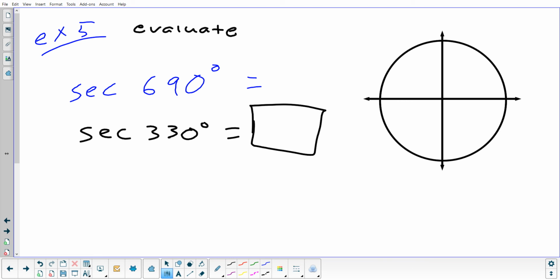So 330. How about Noah? What quadrant is that in? That is in the 4th quadrant. Okay, so it's 270, that's 360. Right in the middle, closer to 360, or closer to 270? Closer to 360. It's only 30 degrees away from 360, so closer to that. Make the triangle.